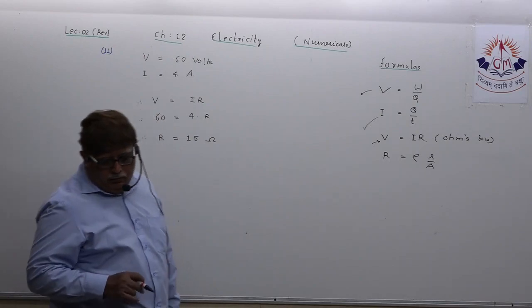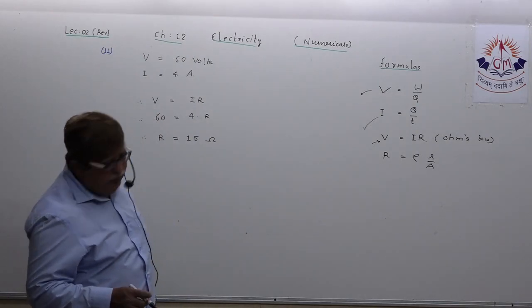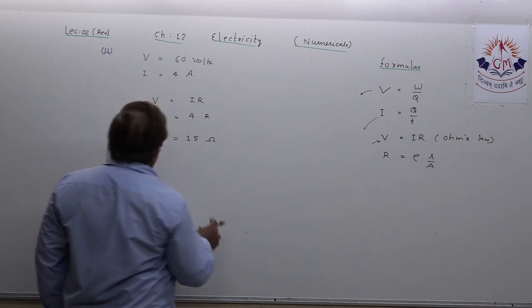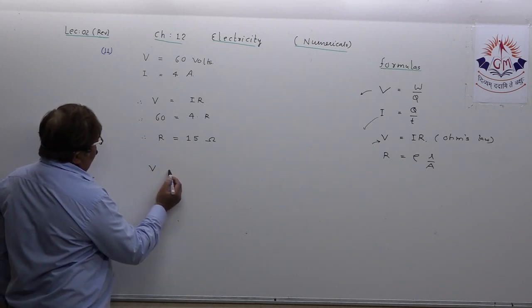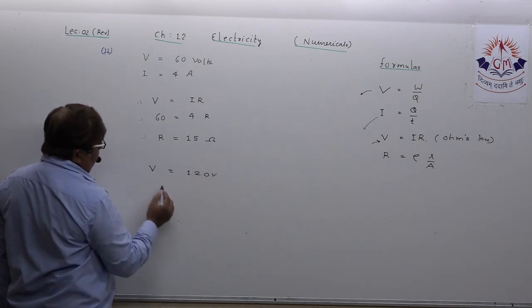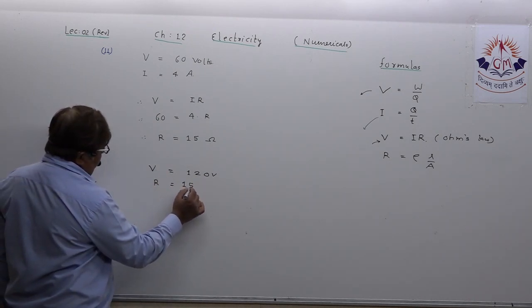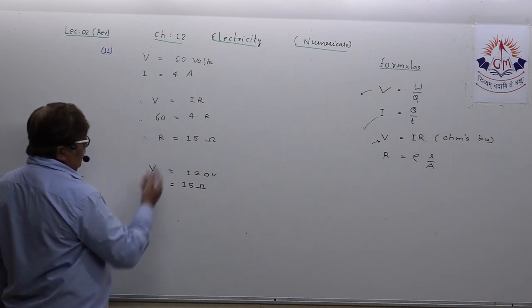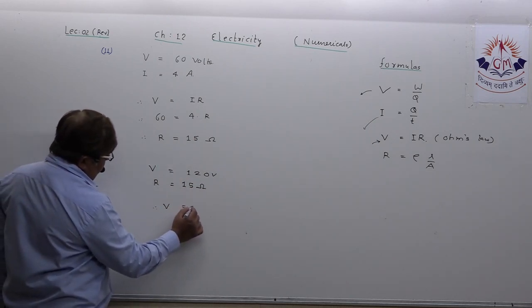Now what they have told, what current will the heater draw if the potential difference is increased to 120 volts. So again you will write V equal to 120 volt. R you have already found, that is 15 ohm. Again apply the same V equal to IR.